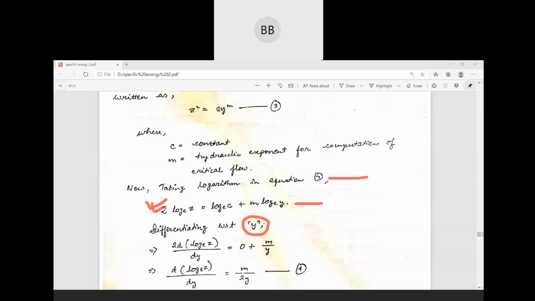Because M is the hydraulic exponent, it's a constant, we are not going to differentiate M. If we differentiate log e y, it will be 1 by y.